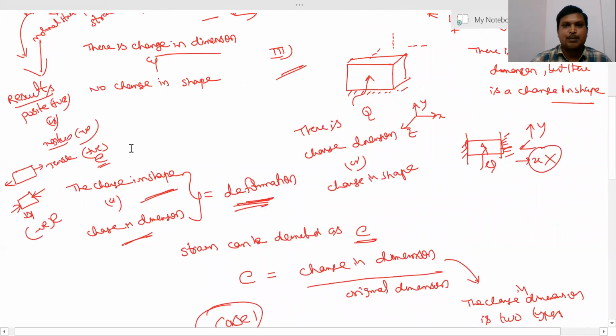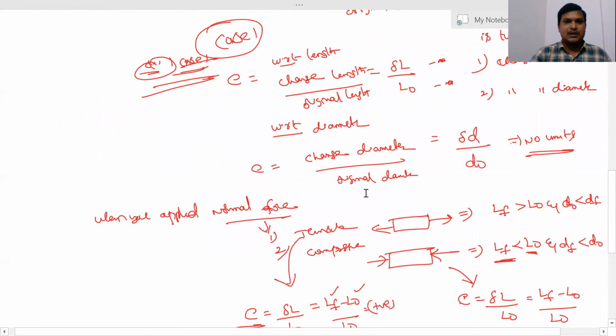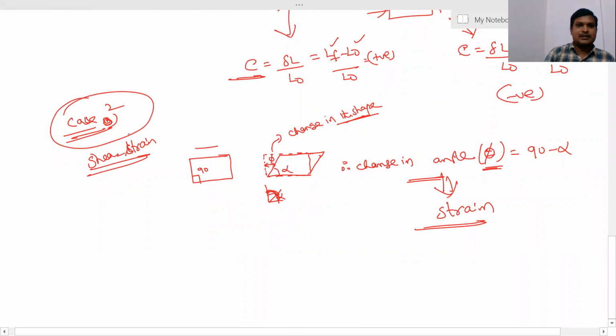When your force is applied tangentially, this is called shearing, so this is called shear strain. In case one, that is the normal strain. Our case two is the shear strain.